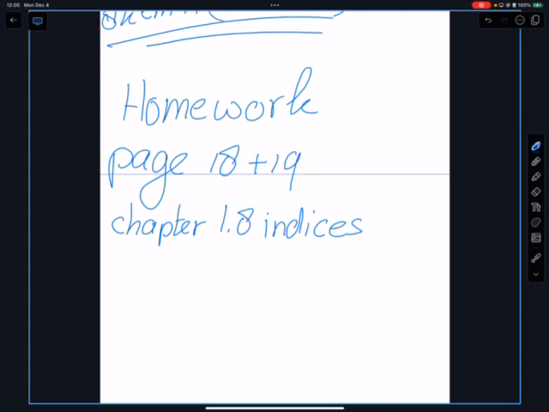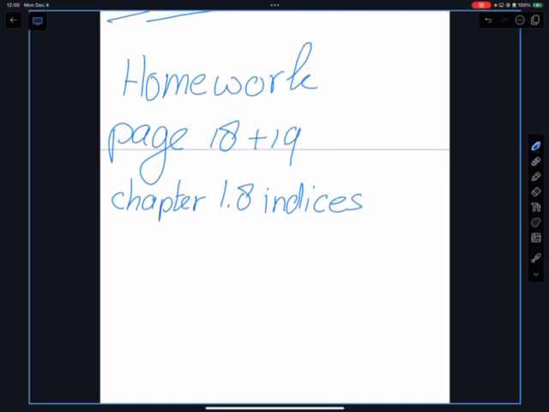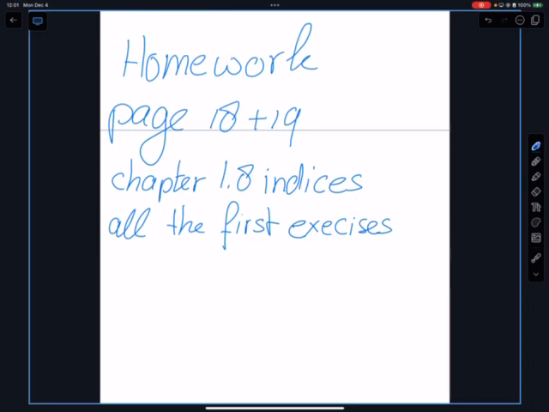Indices. I have a 12-year-old son. All the first exercises. All the first ones. So all the A's. A1, A2, A3, A4, A5, all A's. Let him help you.